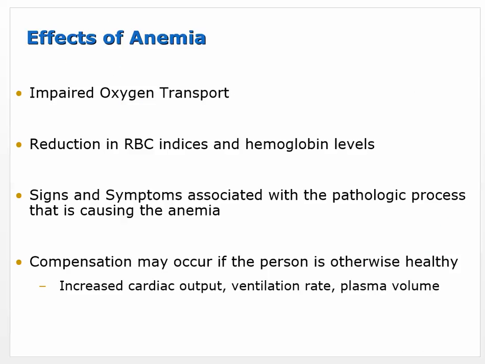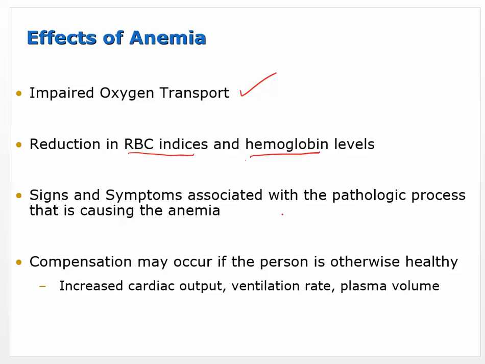So the effects of anemia: impaired oxygen transport. So if you're anemic, you're not going to be able to carry as much oxygen because you're not going to have the hemoglobin that you need. Reduction in red blood cell indices and hemoglobin levels. Okay, so lower red blood cells, lower hemoglobin levels. Signs and symptoms associated with the pathological process that is causing the anemia.